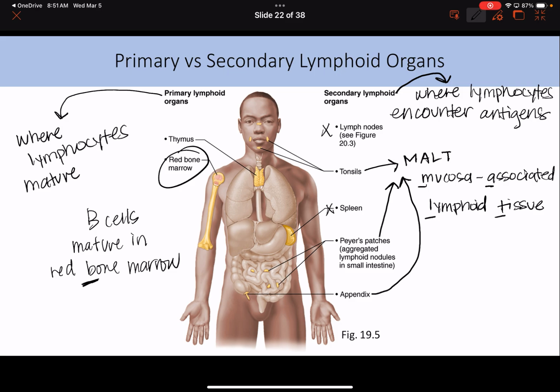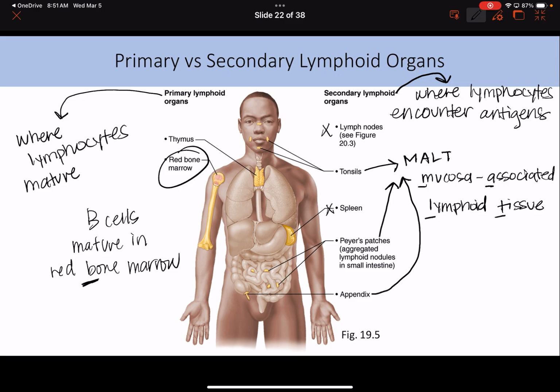So when people get their appendix removed, is it because it was infected? Yeah, so you get an appendicitis. Your appendix used to be really important back in the day when we didn't have the food preparation standards that we do now. Now it's considered a vestigial organ and we don't really need it as we did before. It was a little sack of bacteria and immune cells that could help fight off an infection from badly prepared food.